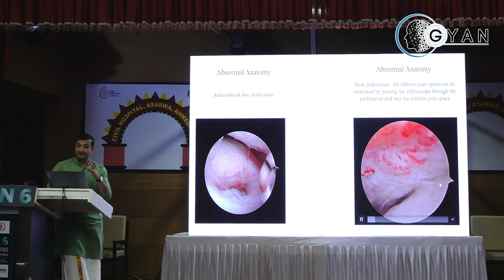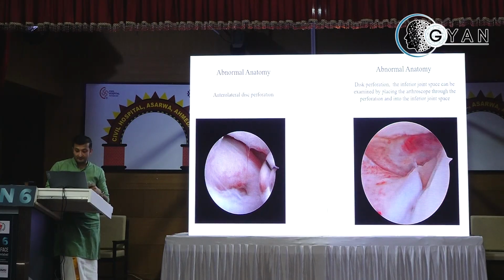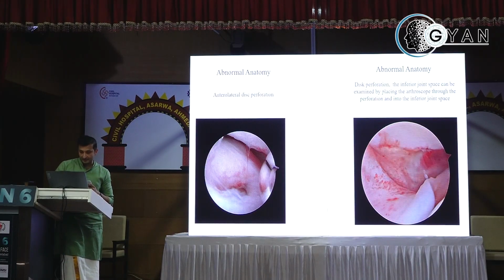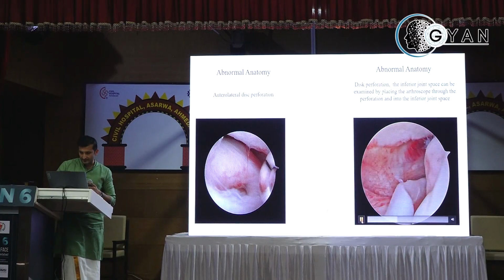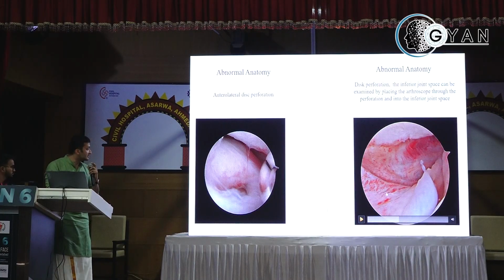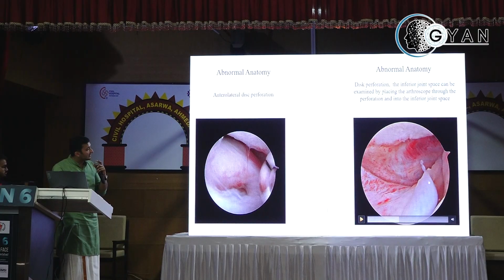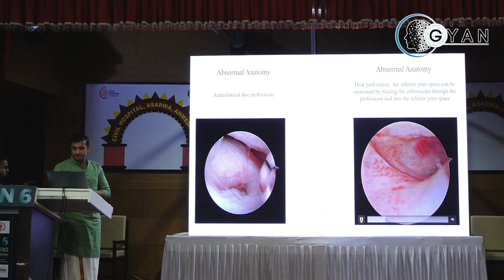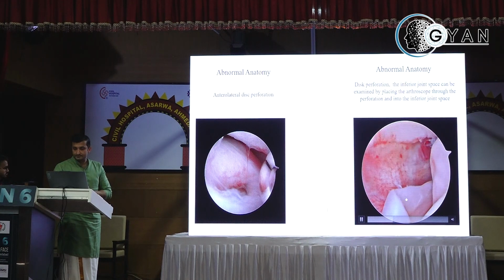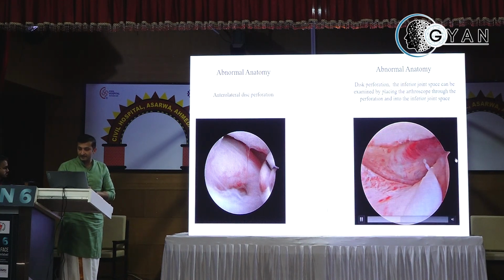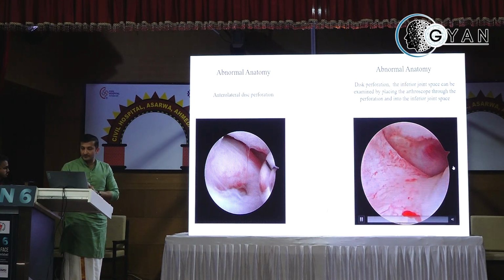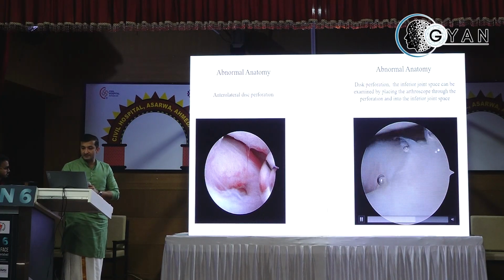Or you can see the entire head popping out through the disc, so you have your retrodiscal tissue here, you have your disc here, and this is your condylar head, which has perforated the disc and is coming into the superior joint space. So that's your condylar head, and that's your disc which is perforated.